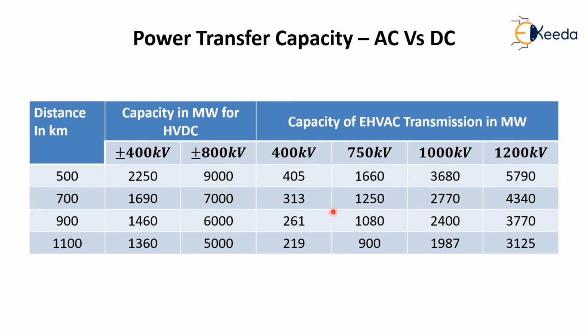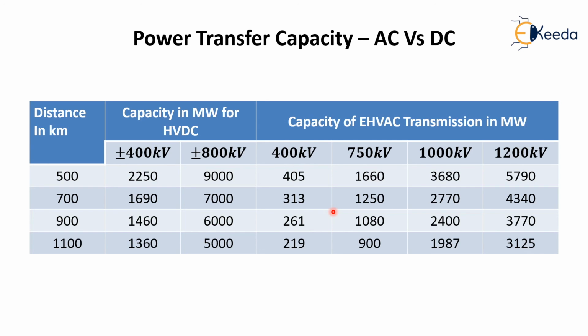So let us recall what we have discussed in this video. Initially we started with the economics of DC and AC transmission. Economics refers to investment and operational costs. When it comes to investment costs, DC is somewhat higher and AC is comparatively less. But after the break-even distance, the DC cost is comparatively less and the AC cost is increasing steeply.